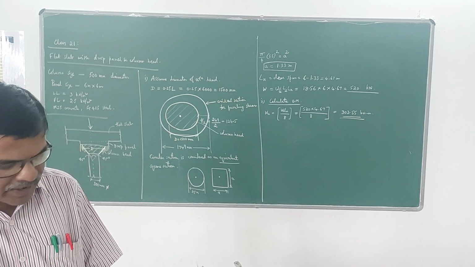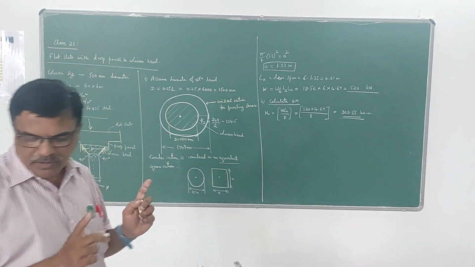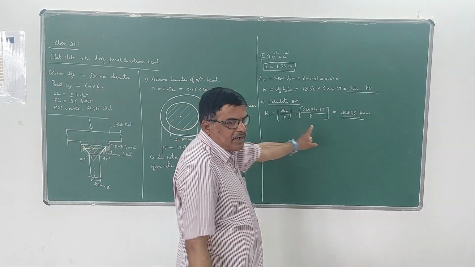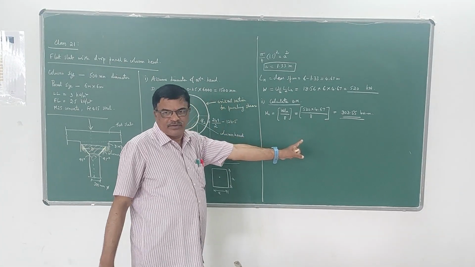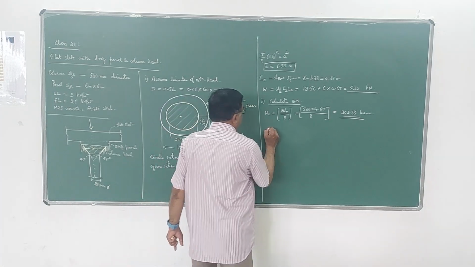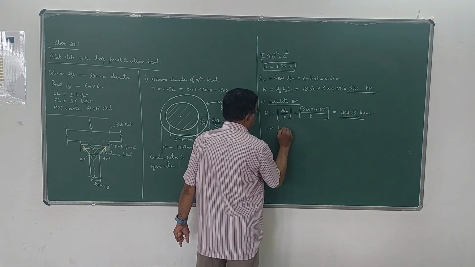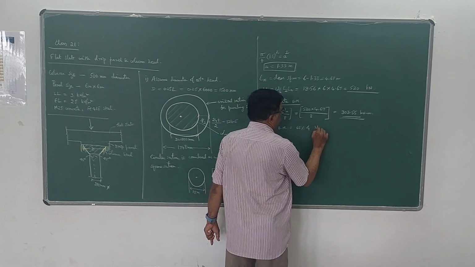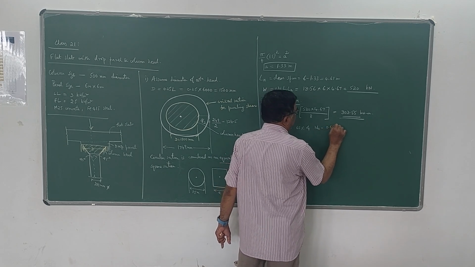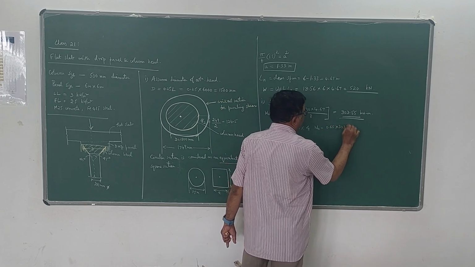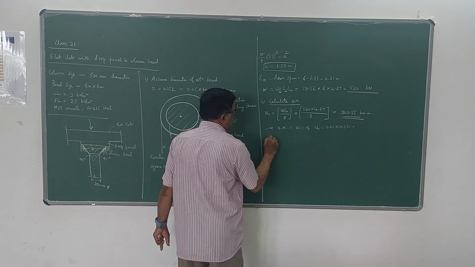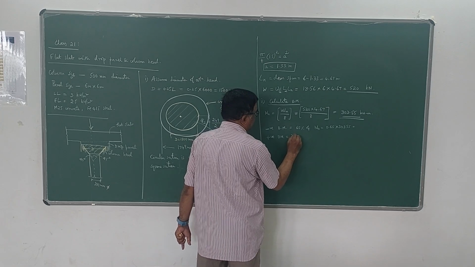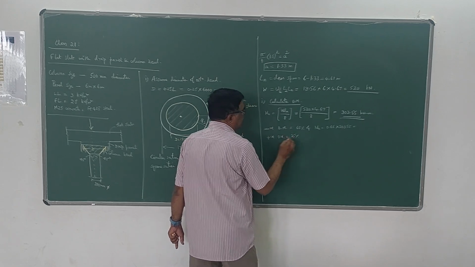In this, we have to distribute the negative and positive bending moment. As per the code, the negative bending moment is 65% of Mu, that is 0.65 into 303.55, and the positive bending moment is 35%, the remaining.